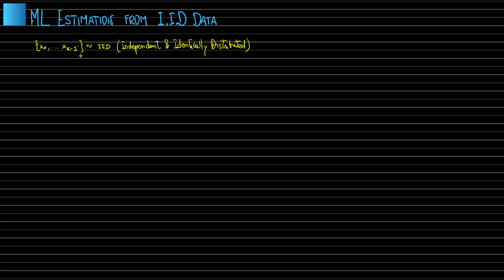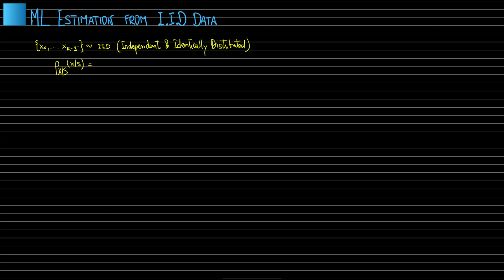So all of them are independent realizations of a random variable, all of them come from the same distribution that we will call P of x given S, which is a distribution which depends on some parameter S.